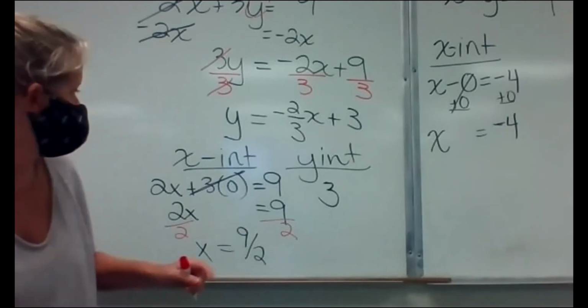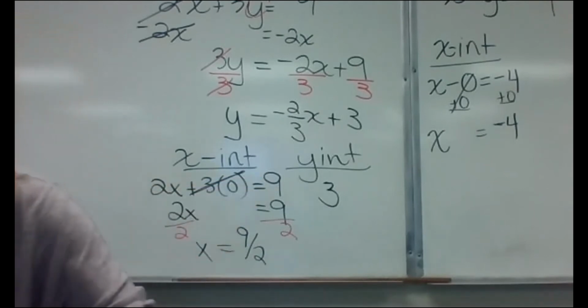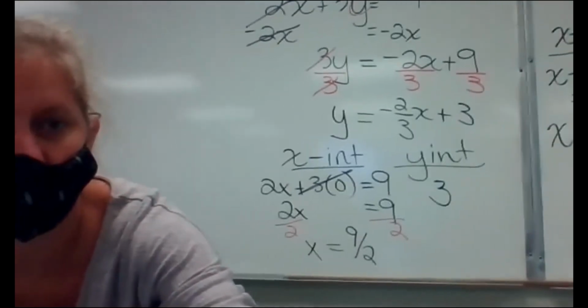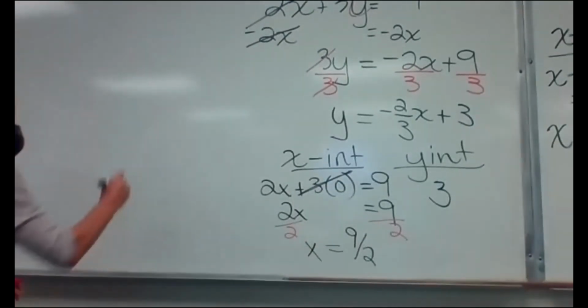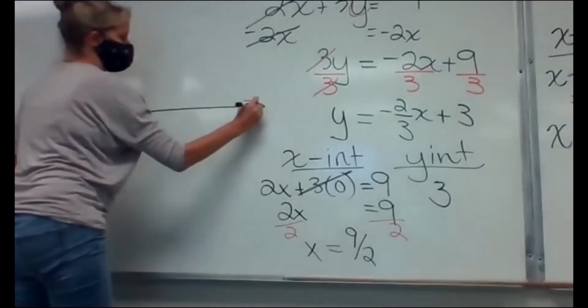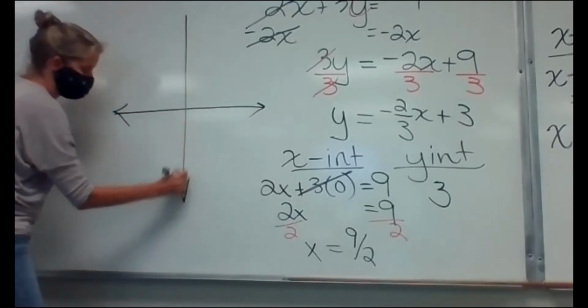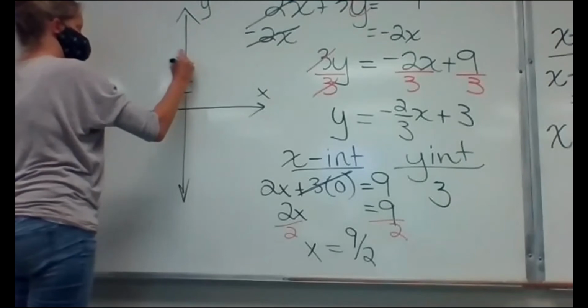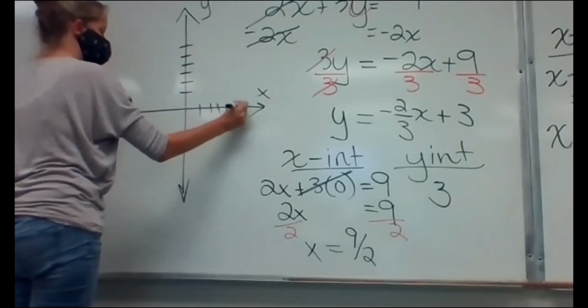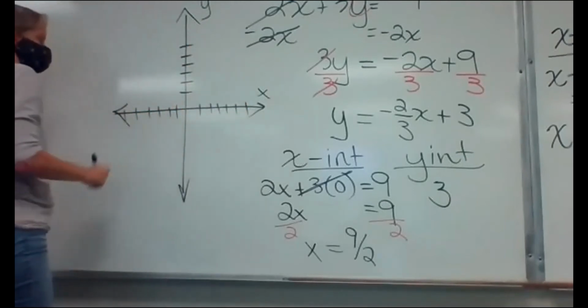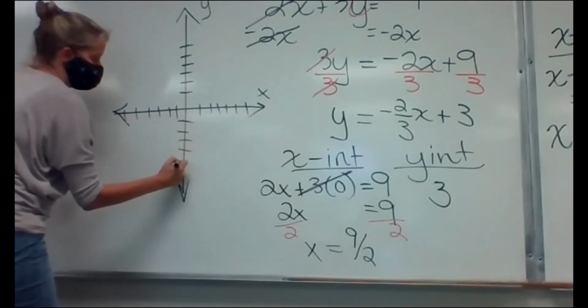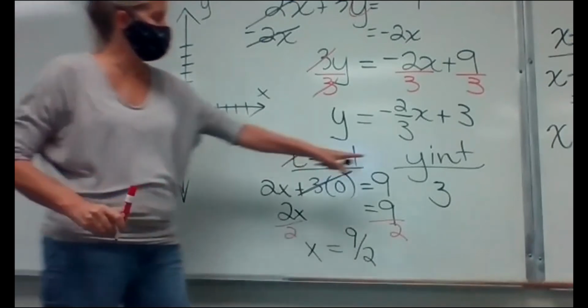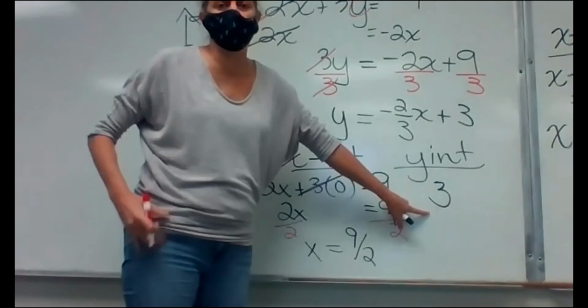Okay? So let's see. It's going to cross the y-axis at 3. That's the easy one to plot. So my y-intercept was 3. That's the one I could find in the calculator.